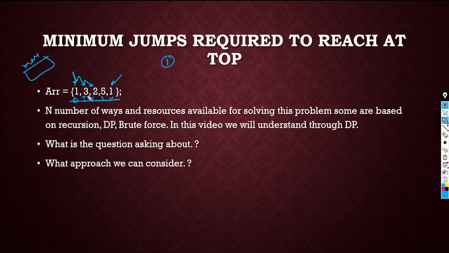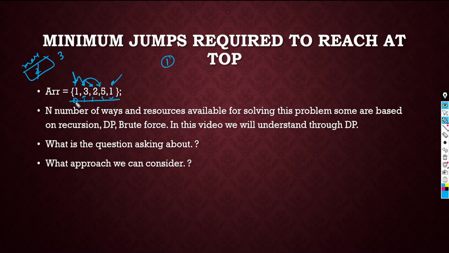At the very first jump, you can reach the second index. You cannot change the place right now because you have not jumped yet; you are only assuming which index you will jump to. If you do a longer jump, where can you reach? You can reach the third index.